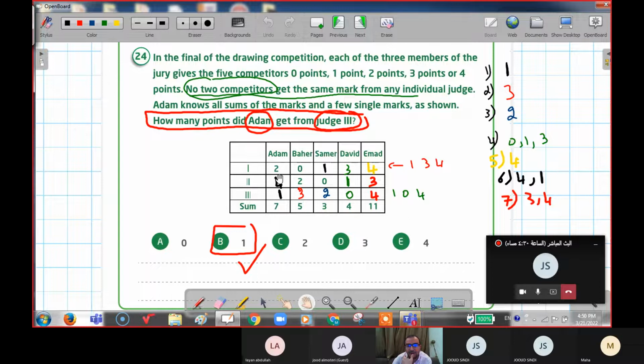No, you cannot write here 1, because we have here also 1. The judge can give only 0, 1, 2, 3, and 4. You cannot write here 1, because if you write here 1, you have also here 1.